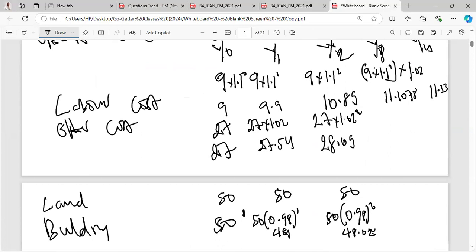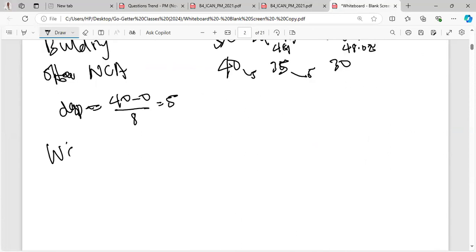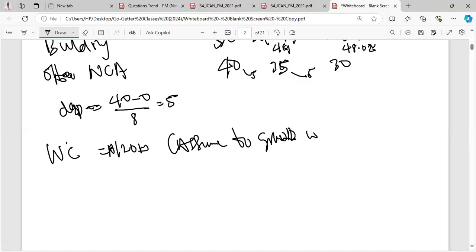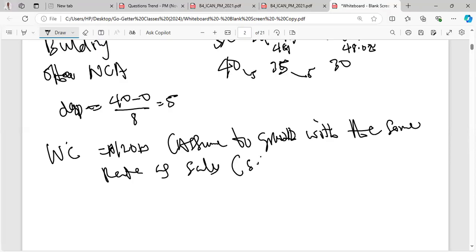And we can say now working capital is 120 M, assumed to grow with the same rate as sales, 5.737%.